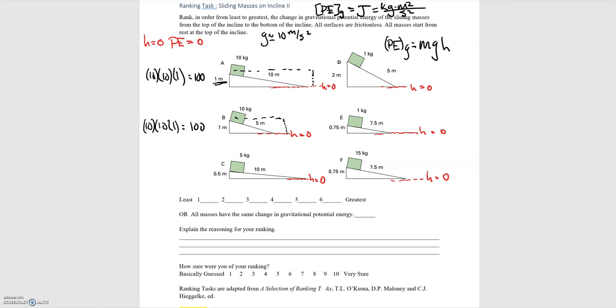Coming down here to C, we have 5 kilograms times 10 meters per second squared times 1/2, which is equal to 25. Here we've got 1 kilogram times 10 times 2 for the height.